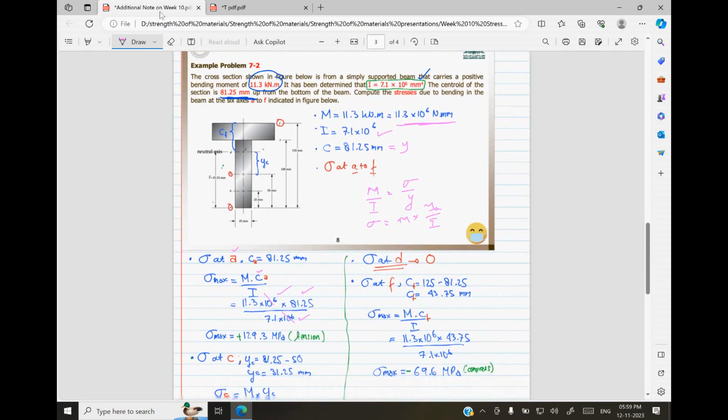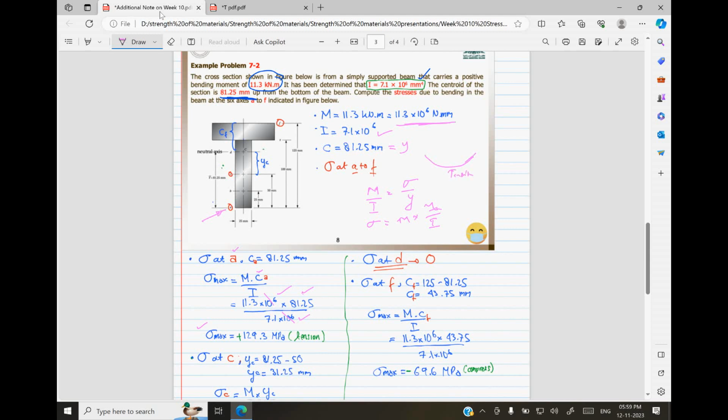If we simplify it, it comes as sigma max equal to 129.3 Newton per millimeter square. I can also write it as megapascal. Okay. Since point A is at the bottom, and the beam is bending like this, see here, the beam is bending like this. So what will happen? In the bottom you have tension. Understand?